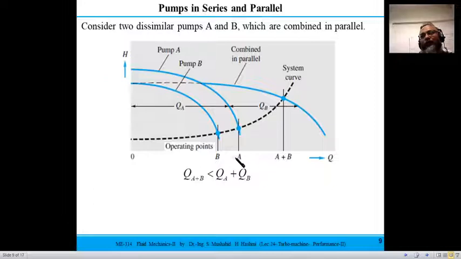Because this is a smaller flow rate, obviously it all depends on what head you have.